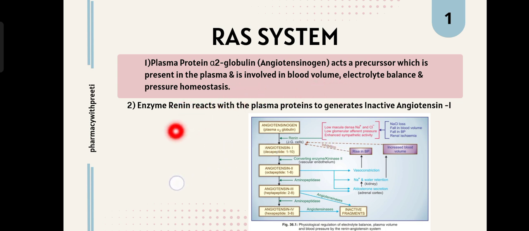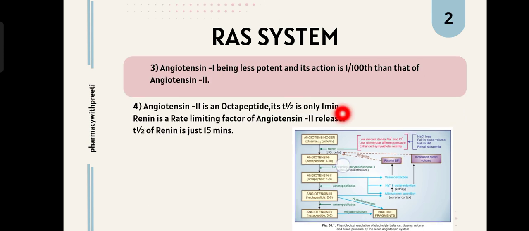Now this enzyme renin will react with angiotensinogen, a plasma protein, to generate inactive angiotensin 1. Angiotensin 1 is a decapeptide and it is considered to be inactive.